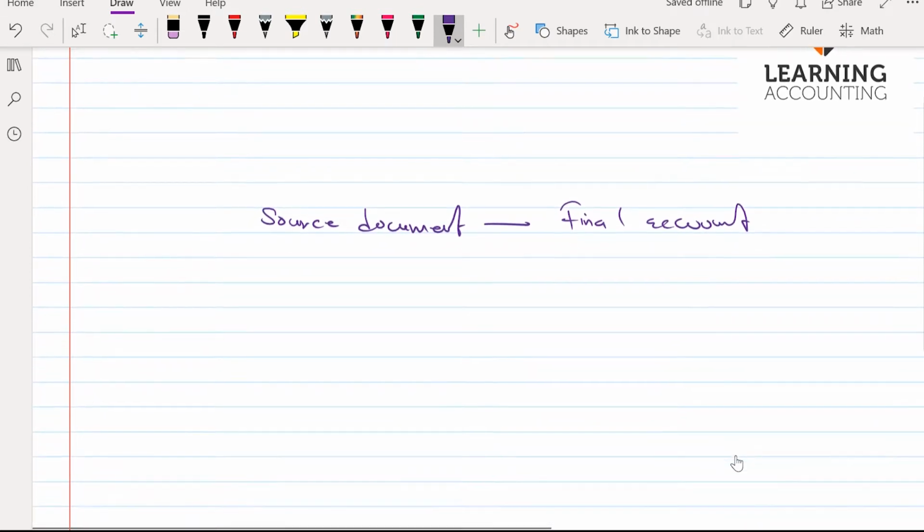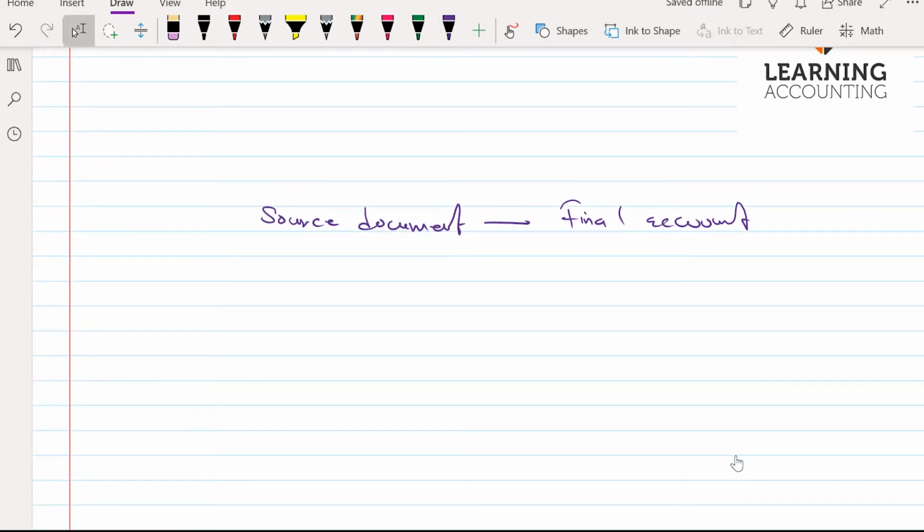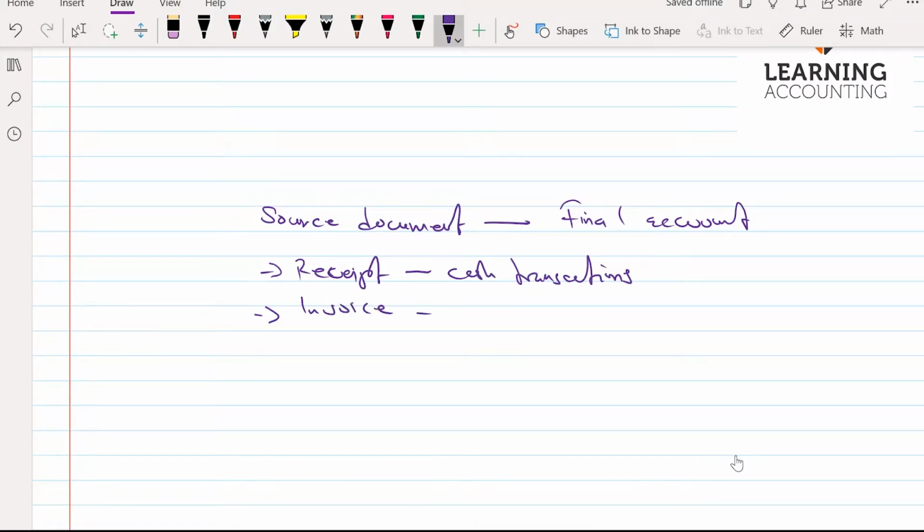First of all, what are the source documents we are talking about? Source documents are basically documents that we use in initiating, or use to evidence the initiation of, a transaction. Things like the receipt, which is for cash transactions, and the invoice, which we use for credit transactions.